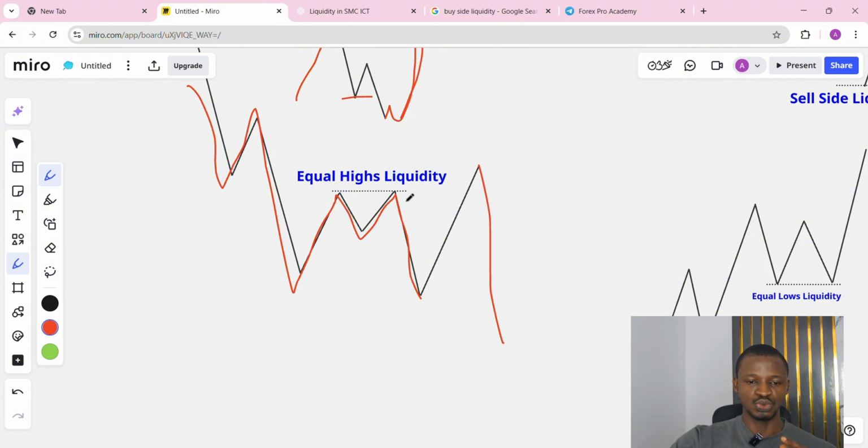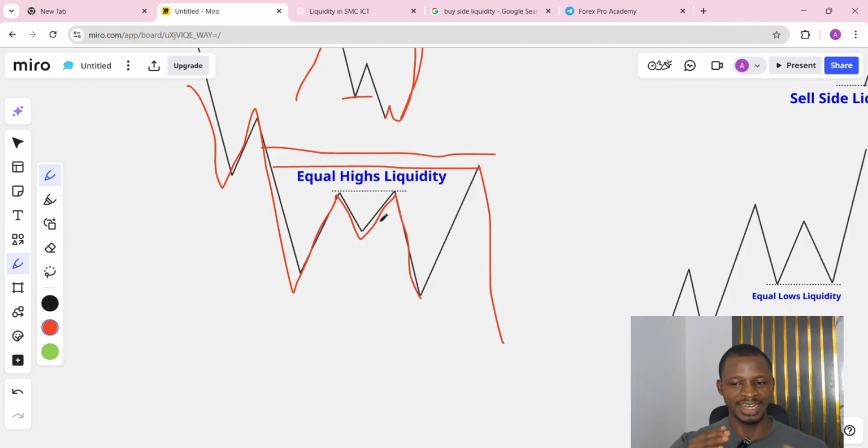After this equal highs liquidity is swept, you wait and let the price fill another block or a fair value gap at this level. So once this place is filled, you can now ride to continue the trend. So this liquidity helps you to see the market from another dimension.